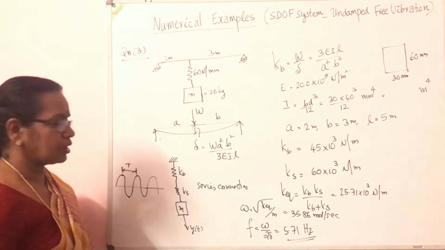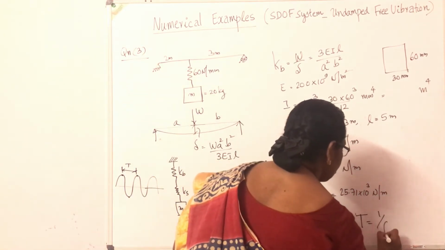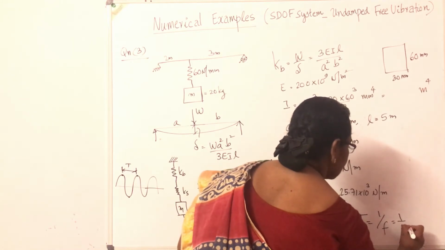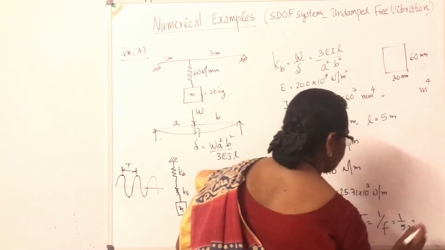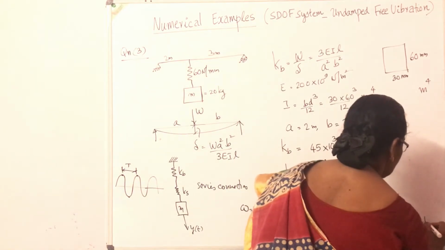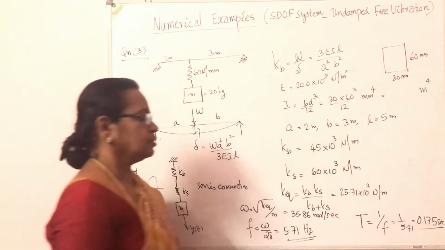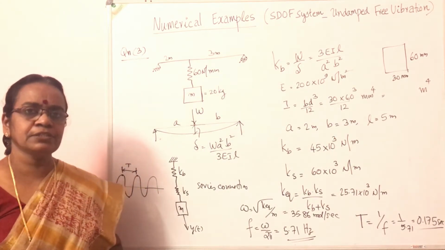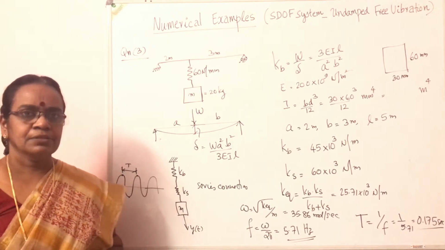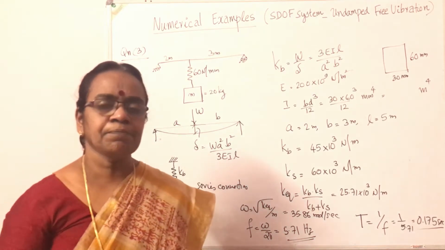The time for one cycle, T, is nothing but 1 by frequency, 1 by f, that is 1 by 5.71, which works out to 0.175 seconds. So the time taken for one vibration is called the time period. It is 0.175 second.